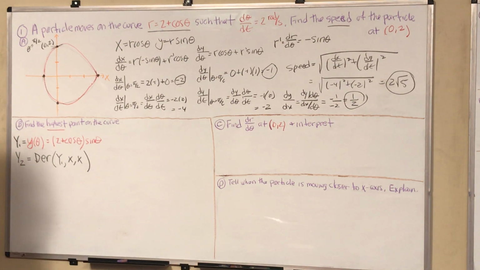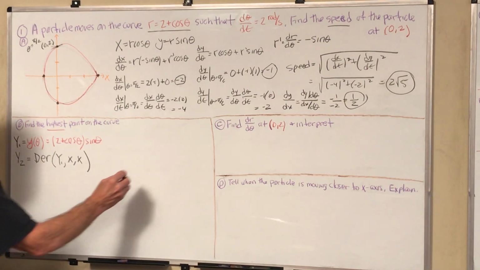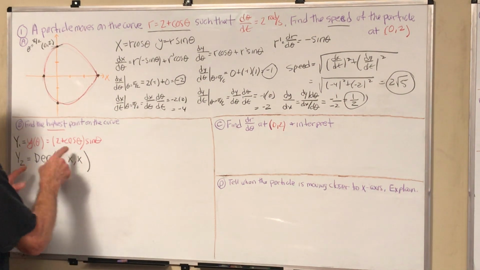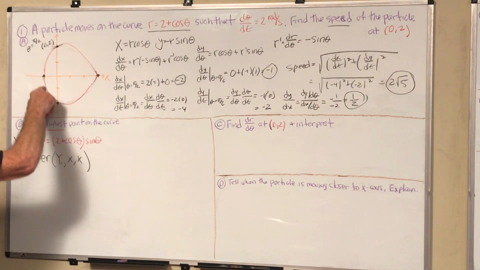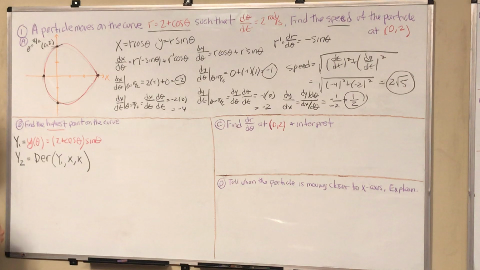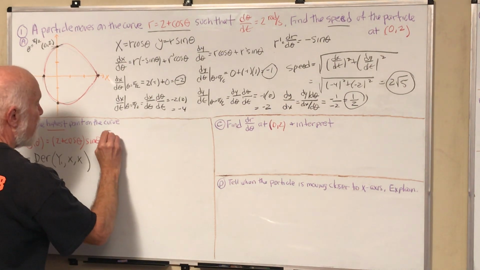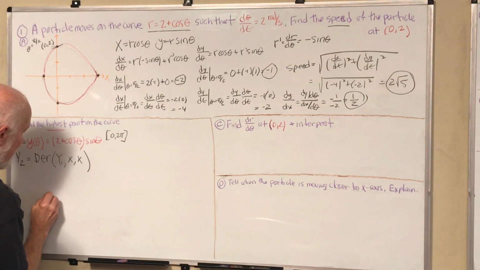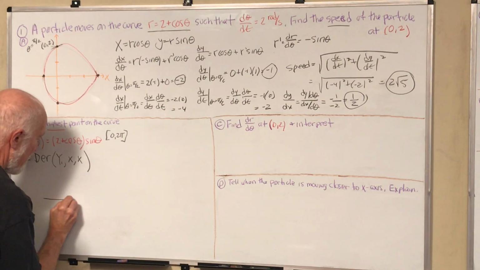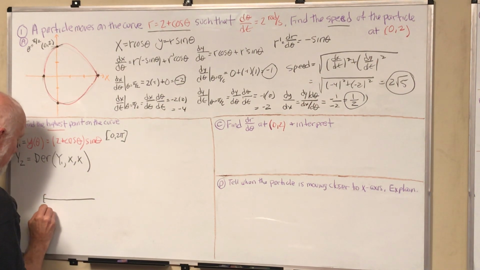And then it's going to graph the derivative. And graphing the derivative is so nice because it's going to give you the number line, basically. It's important where you put your window. You went from 0 to 2 pi to complete that. So your window is going to be from 0 to 2 pi, the same thing that your number line is going to be.